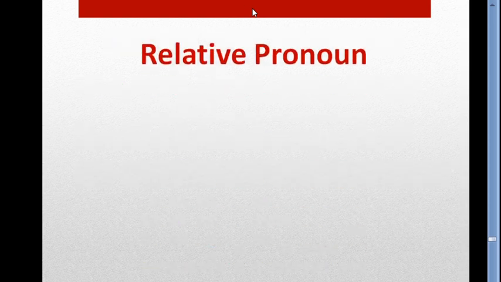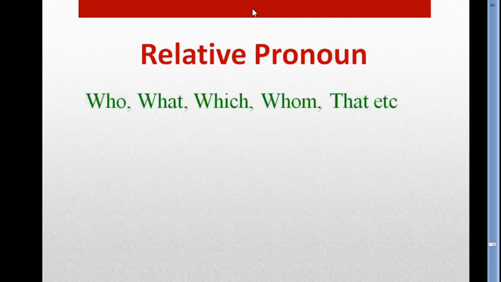Next one is relative pronoun. This is very important. You have to know it very clearly. Of course, you have to know all of them very clearly, but relative pronoun is very important to know. These are relative pronouns.